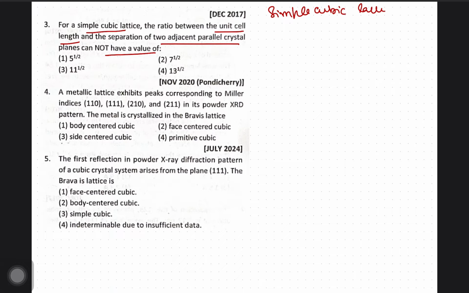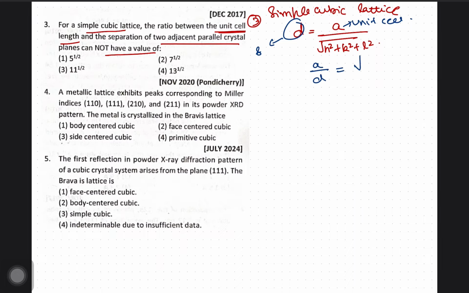For a simple cubic lattice we know that the value of d, because they are asking about two adjacent parallel crystal plane separation, so d is basically the interplanar distance, is equal to a upon root of h square plus k square plus l square, right. Now the ratio between the unit cell length, a is the unit cell length and d is the separation, so the ratio between a and d will be root of h square plus k square plus l square, this one.